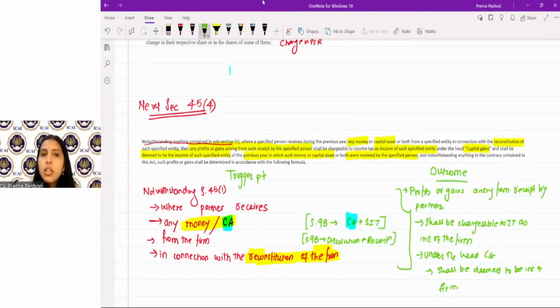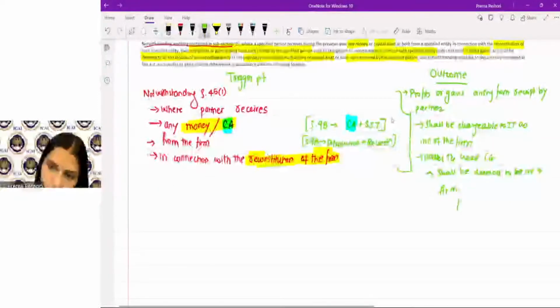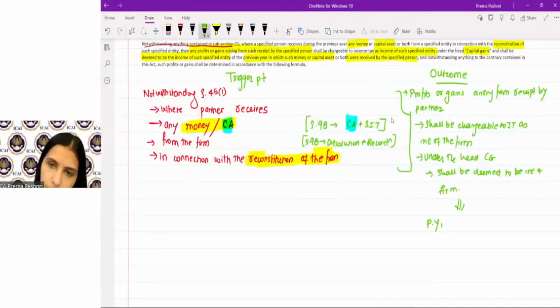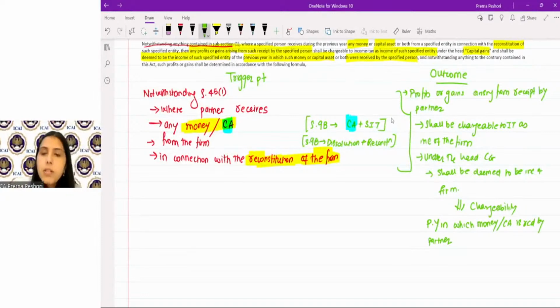Of which year? The previous year in which the money or capital asset were received by the specified person. So, chargeability is in which year? The previous year in which money or capital asset is received by the partner.